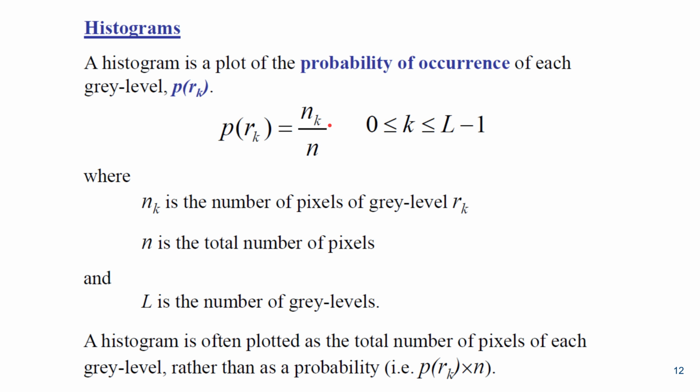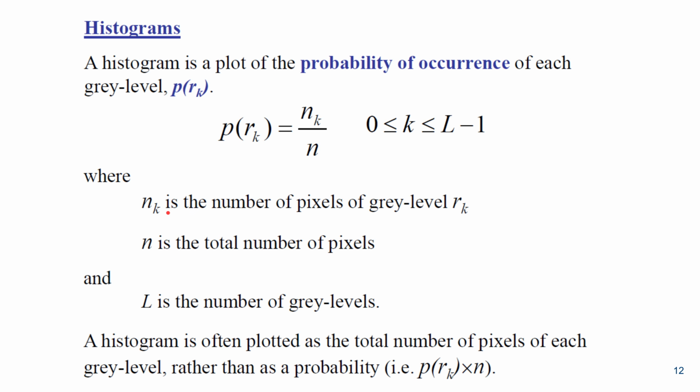Okay, so mathematically we can write it as this. L here for an 8-bit image is going to be 256. Okay, and then for a particular pixel value, we can calculate the number of occurrences of that divided by the total.